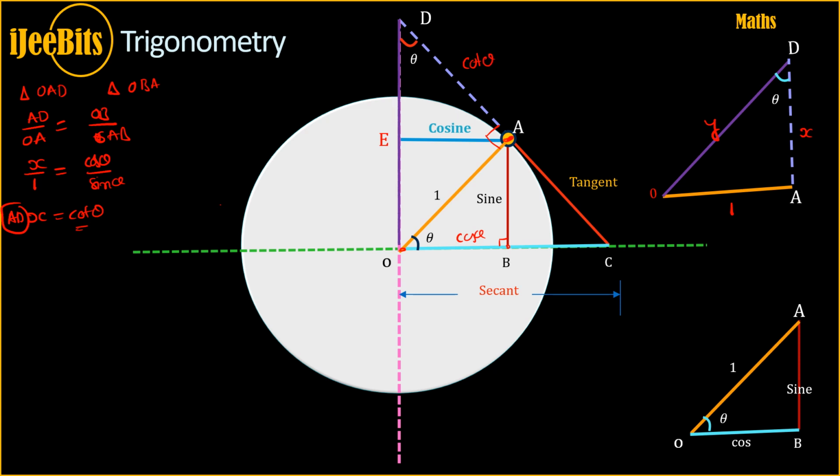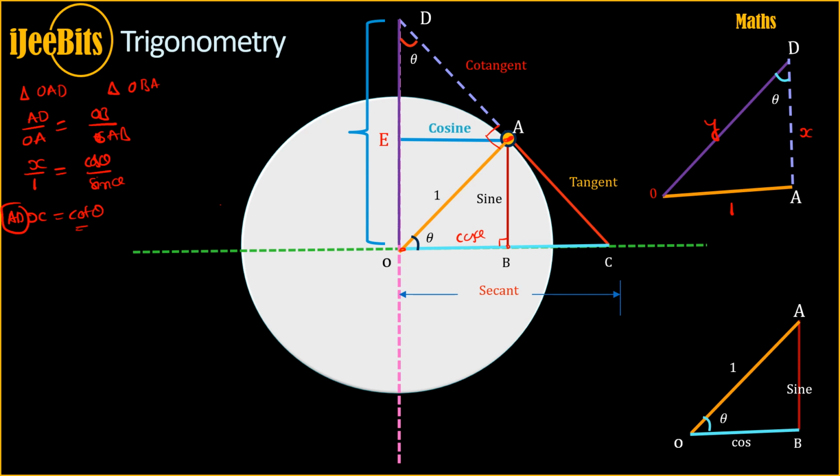Let's find out in a similar way. What is the next thing that we have to find out? We have to find out OD, right? This OD is what we are trying to find out.